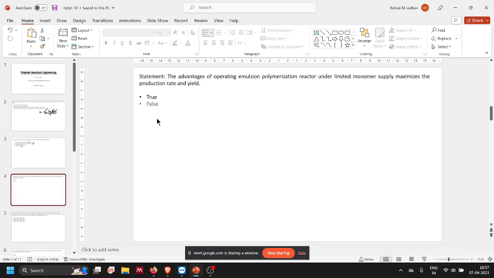It wouldn't be affecting the production rate and yield, but the parameter which is affected more is the copolymer composition.